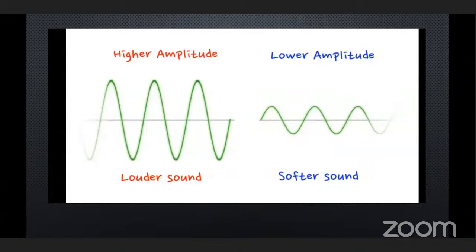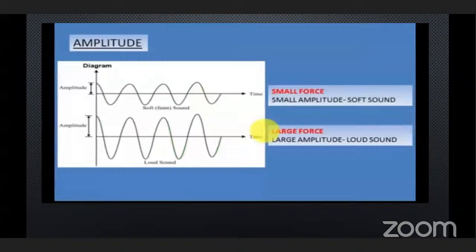If we apply a small force, then the amplitude will be small and a soft voice is produced. And if we apply a large force, then there is large amplitude and we can hear a loud sound. Did you understand what amplitude is?